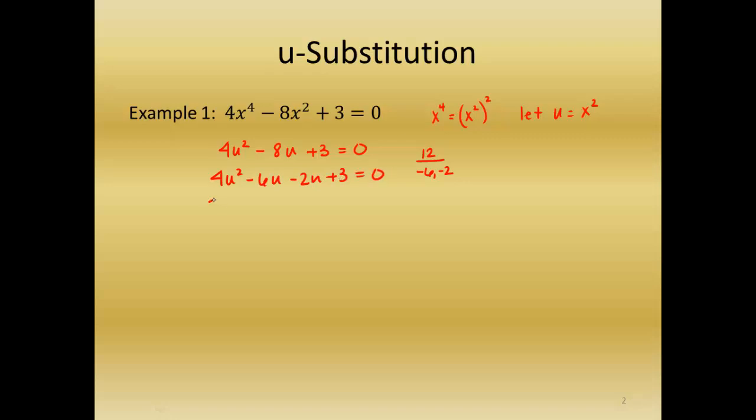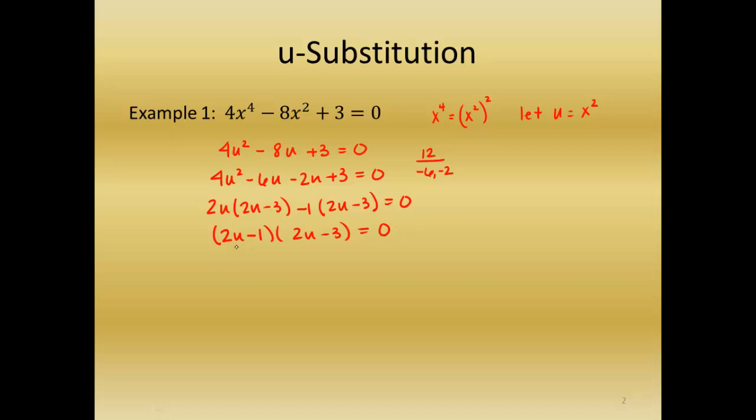I'm going to factor by grouping, factoring out a 2u, giving 2u minus 3. Here I'm going to factor out a negative 1, giving me 2u minus 3, still equals 0. I'm going to go ahead and continue factoring with a 2u minus 1 and 2u minus 3. So we're completely factored now, and now the solving begins.